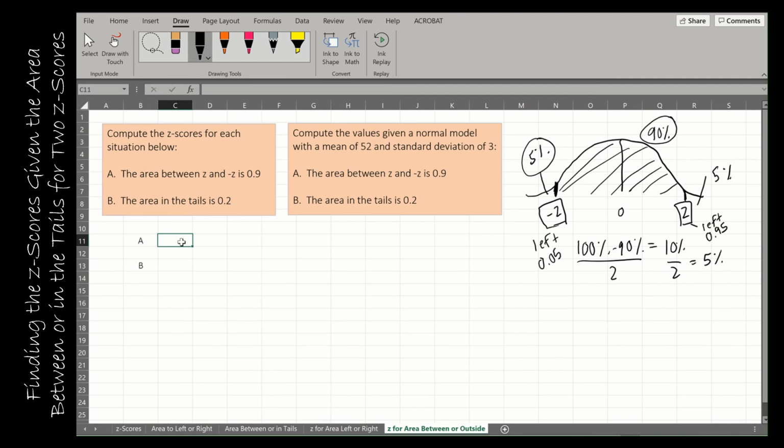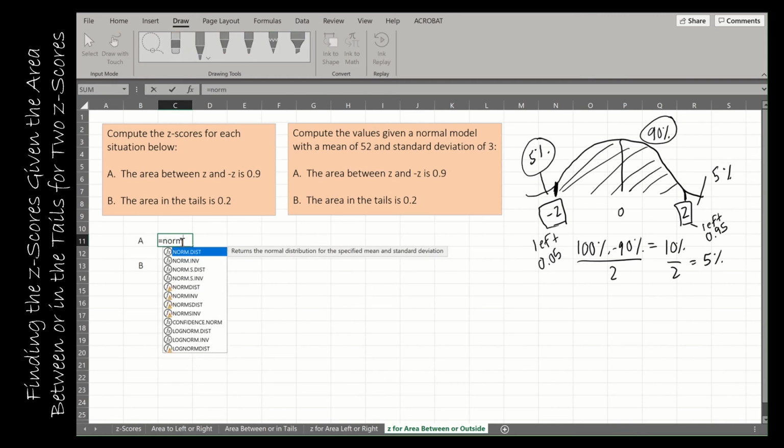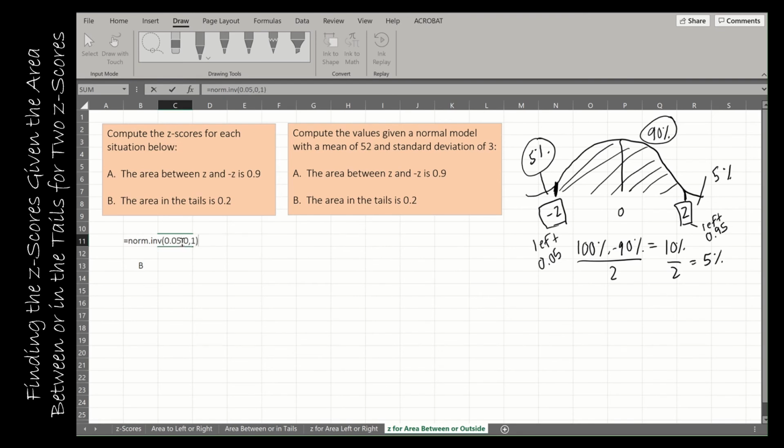I want you to see what happens when I say equals norm inverse, and then 0.05, 0, 1, and then the same, norm dot inverse, 0.95, 0, 1. I get the exact same value, one negative, one positive, which makes perfect sense because this value would be negative 1.6449 and this would be positive 1.6449.